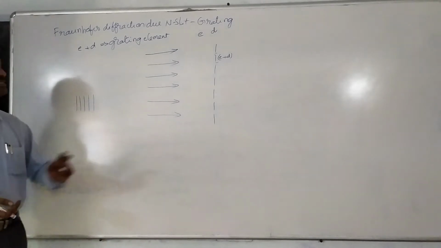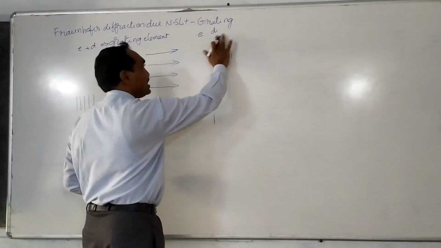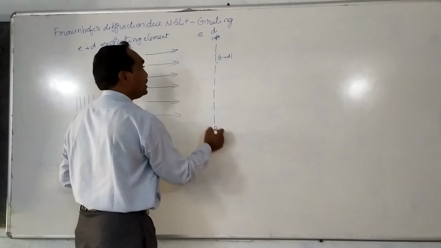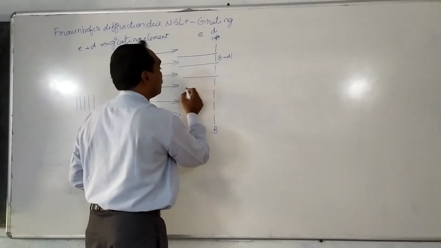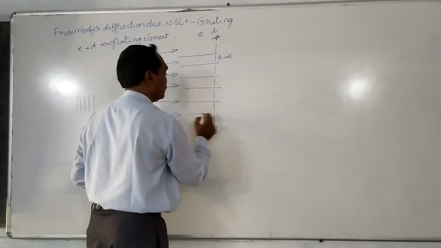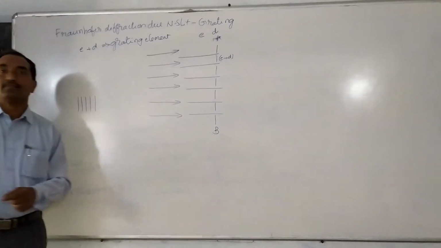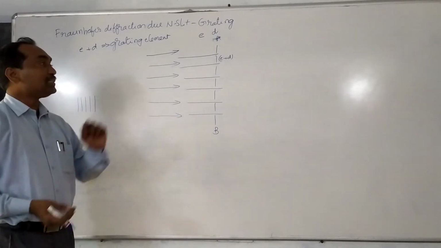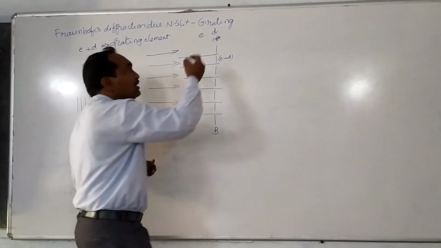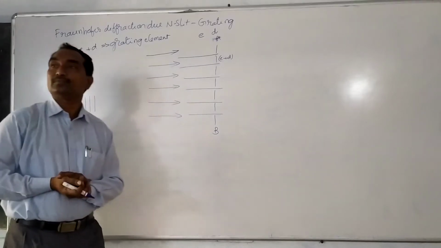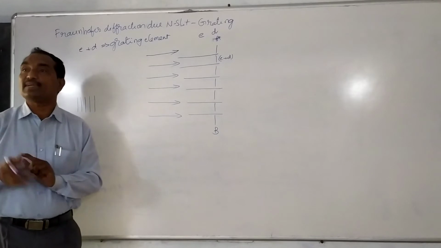These rays, maybe taken as X, Y or maybe A, B, are incident normally on the slits. When these rays are incident on the N slits, according to the Huygens principle, every point on the slit will act as a source of secondary wavelets.